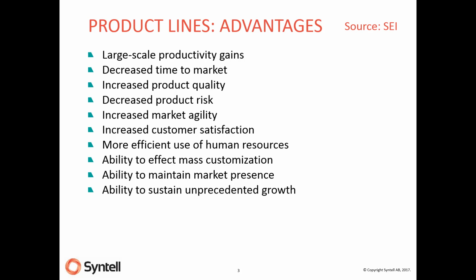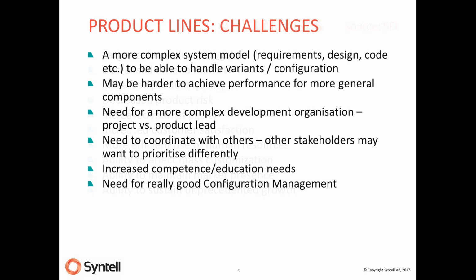And with this comes better customer satisfaction. The benefits also cover other factors, such as product risk, market agility, efficient use of human resources, ability to effect mass customization, maintain market presence, and sustain growth.